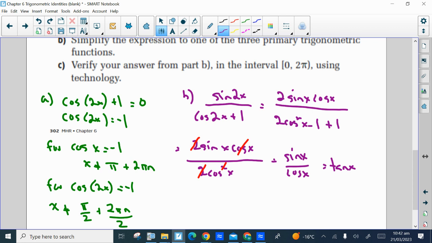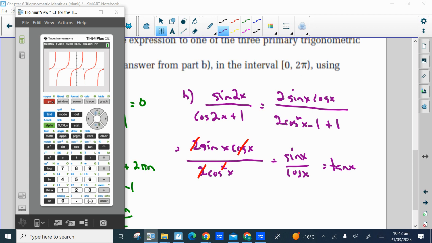So if we're going to check this on our calculator, we just have to change the first equation, which is sine 2x divided by, and again, I'm going to put the denominator in brackets. It'll be cos 2x plus 1.